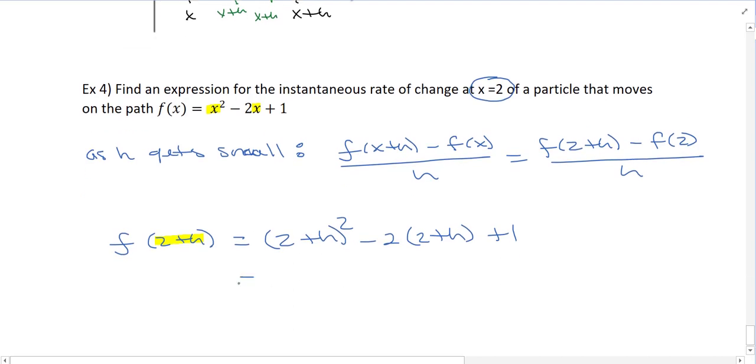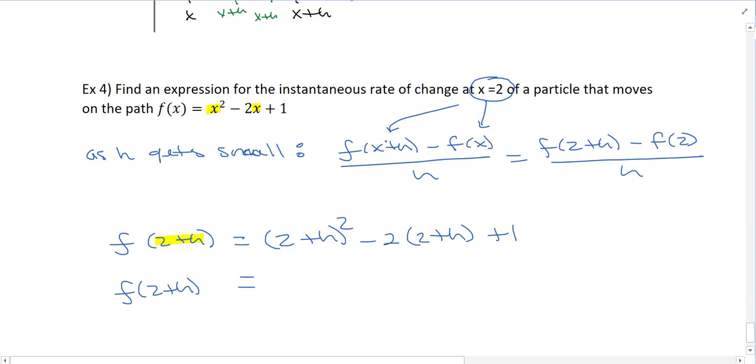And simplify what this is. So f of 2 plus h. So I know that x is 2, but we already plugged it into the 1 here. So we already said x equals 2 there, which gave us this. So now this is what we're simplifying. And now we look at the function, and I need to find f of 2 plus h. So then I plug 2 plus h into there.